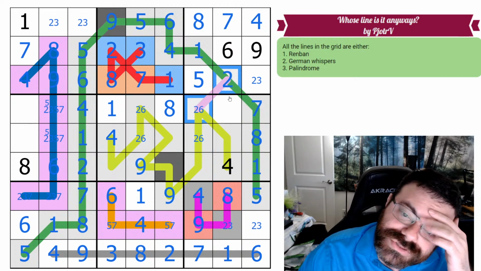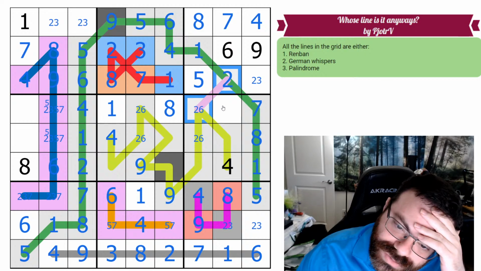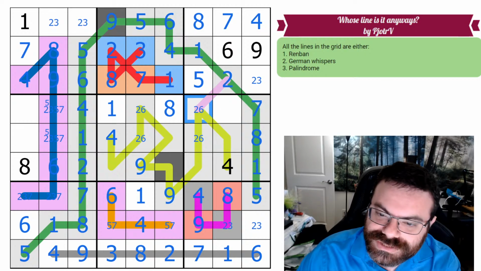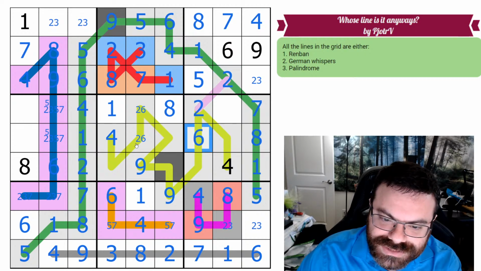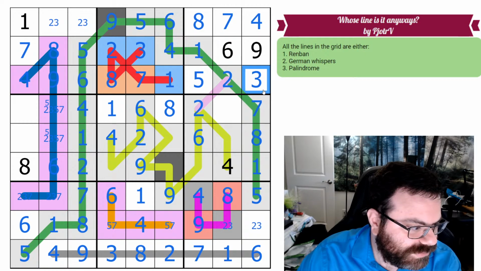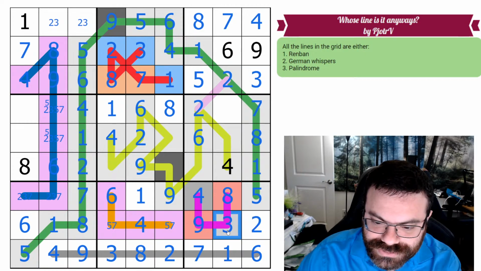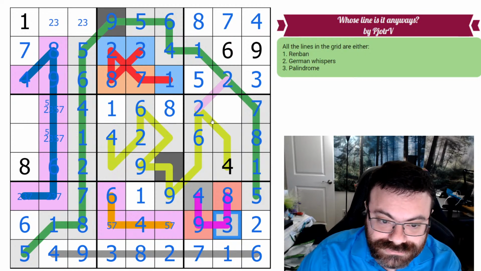Okay, so this is a palindrome, a whisper, or a renban. We know it's not a renban, and if it were a whisper, this couldn't be a 6. It's a palindrome, so either way, we don't know. Yeah, so this is a palindrome. That's a 6. That's a 6, that's a 2. That's a 3. 2 and 3. That's not 7.